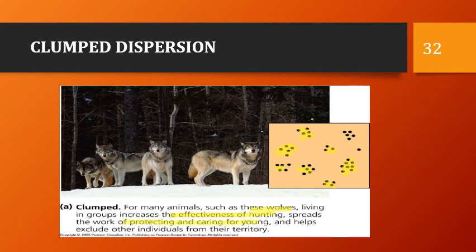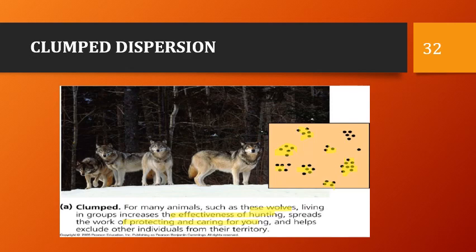It helps exclude other individuals from the territory. It's the same with fish, right? It's their defense mechanism. The small fish clump together, okay? They are in a group, because when they are in a group, they look bigger. And when they look bigger, the other predators get scared to eat them because their group of species is larger. So they stay together.